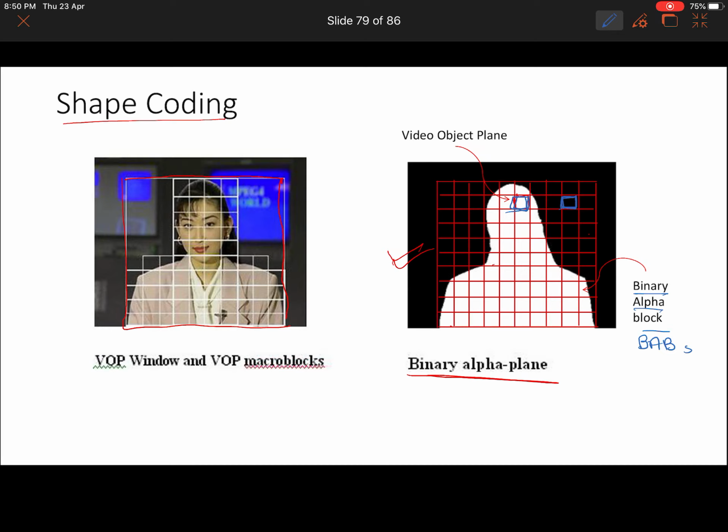And again, this is a mask, so the object, let's say, is represented by 1 and the background by 0. So the question is how we encode this binary block which contains only zeros and ones, and especially these blocks which contain both zeros and ones.